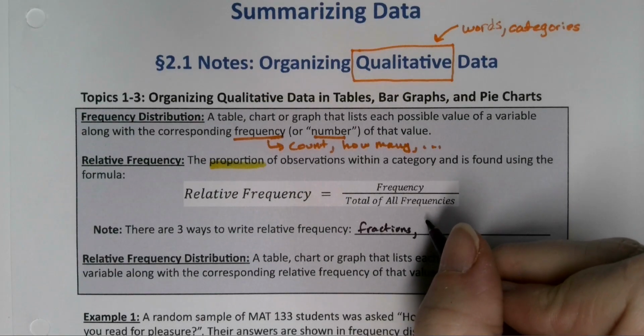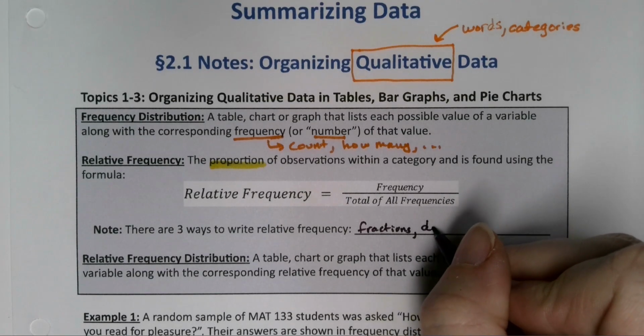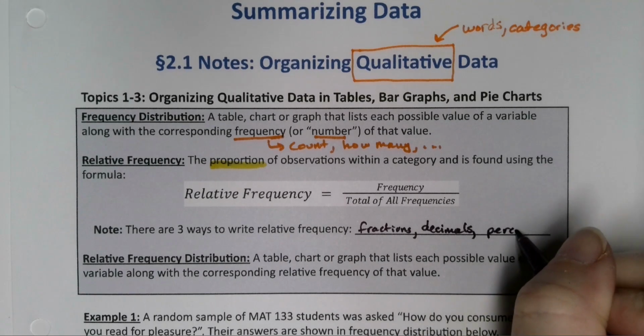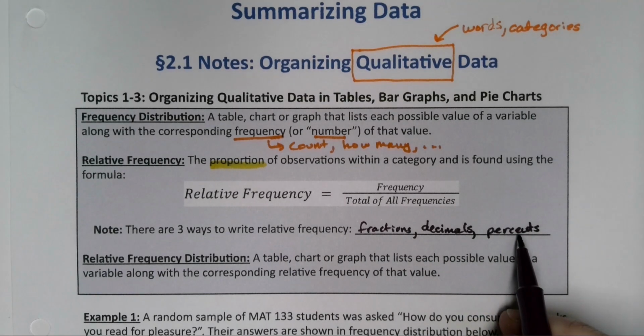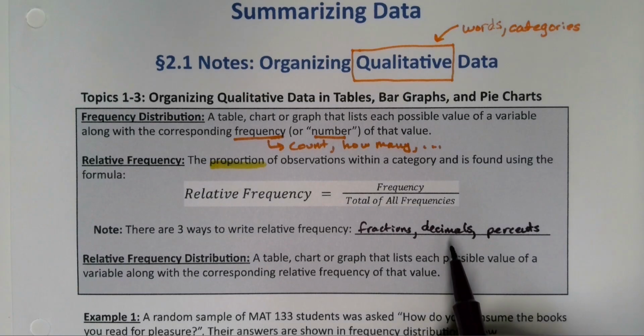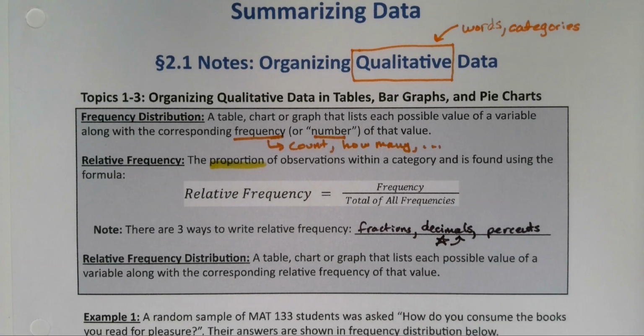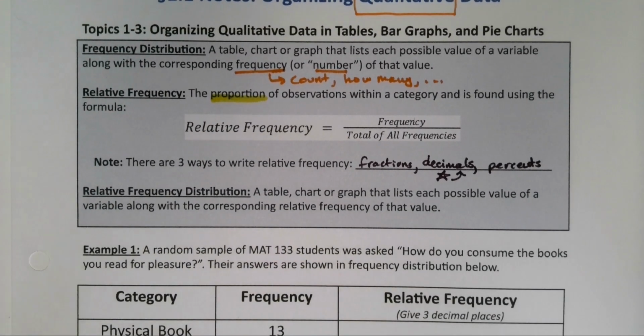They can be written as decimals, and they can be written as percents. Percents are really just decimals written a different way. The most common of these for us by far will be decimals. Decimals will be the one that we are going to use most of the time.